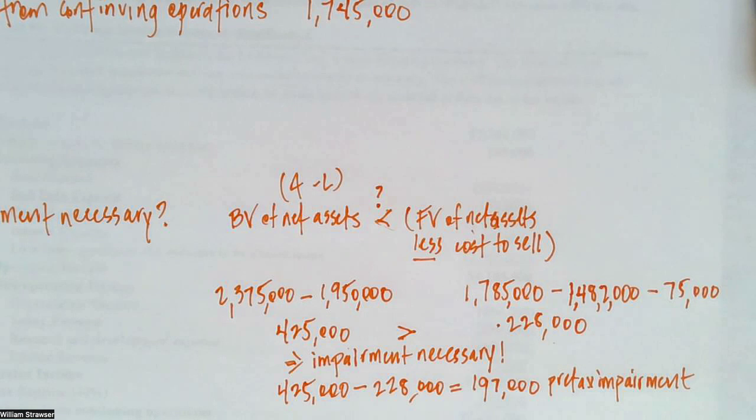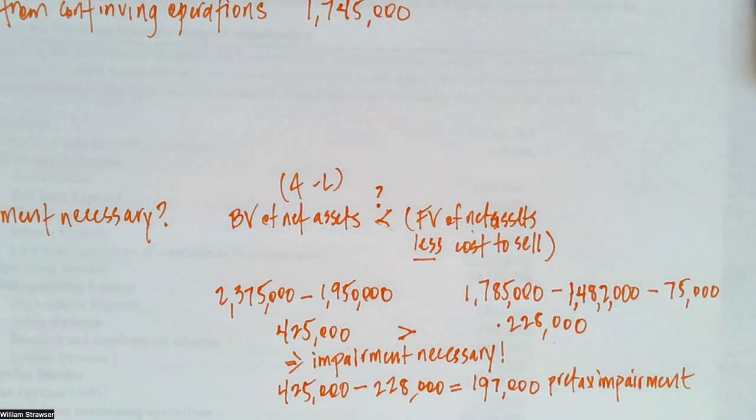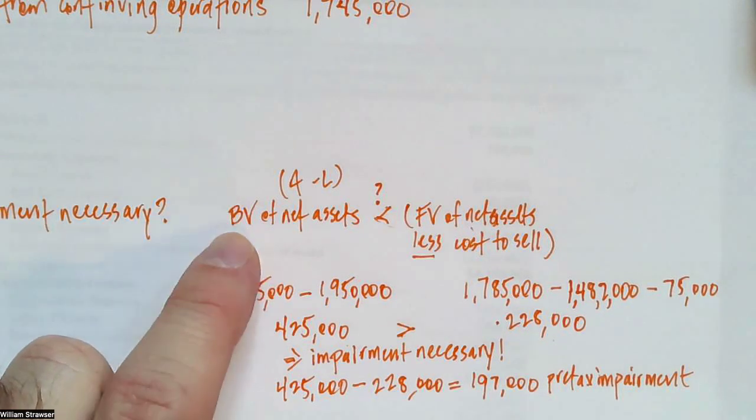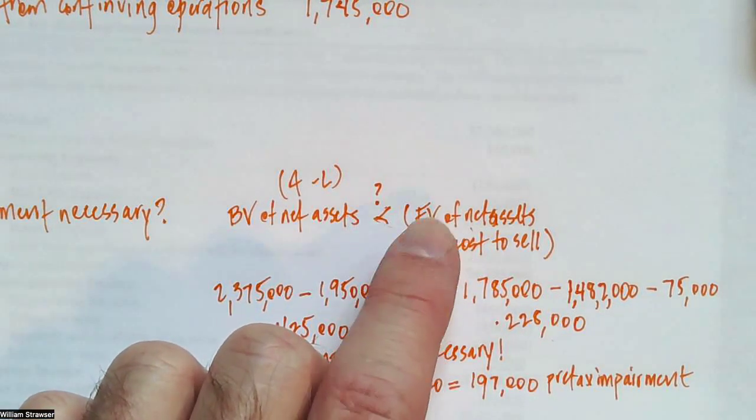Because book value is what is on the balance sheet. And remember from the balance sheet material that many of the assets we hold are not held at fair value. They are held by subtracting accumulated depreciation or subtracting accumulated amortization or the lower of cost or net realizable value, or lots of different ways of valuing items on the balance sheet, versus fair value, which is strictly what could I get for selling the asset.